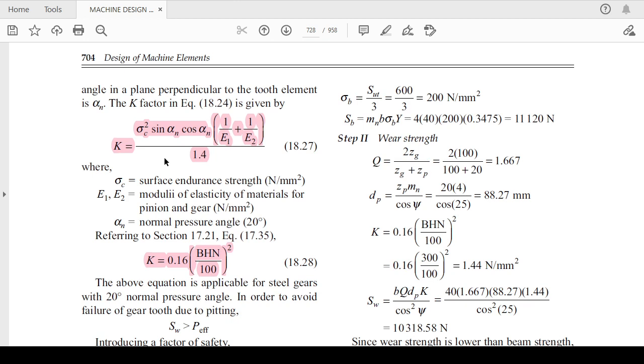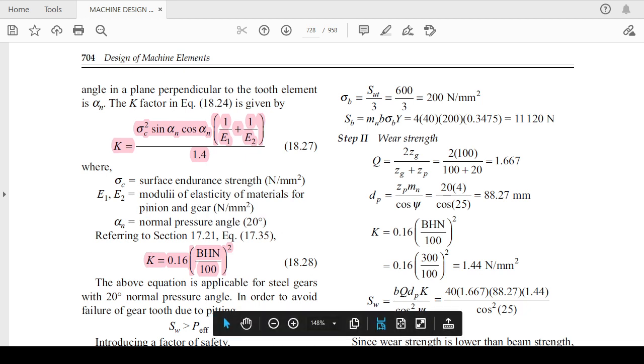Now the value of K is sigma_c whole square, sin alpha cos alpha, and 1 by E1 plus 1 by E2, where E1 and E2 are the moduli of elasticity of the materials of the pinion and gear. These two values you will get as material properties. As we have already discussed, K can also be rewritten as 0.16 times VHN divided by 100 whole square.